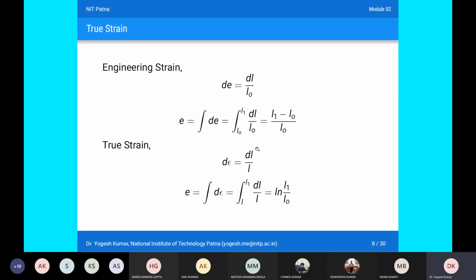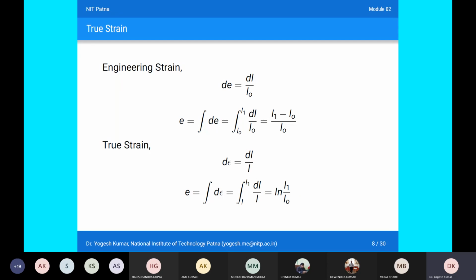So for any change in length DL, we calculate the small strain, d epsilon equal to DL over L. And if you want to compute the total strain in your metal strip, then we may write d epsilon integrated from LO to L1, because your length is increasing from LO to L1.